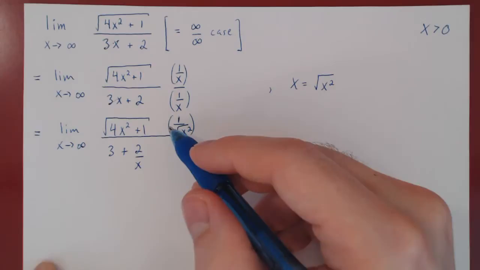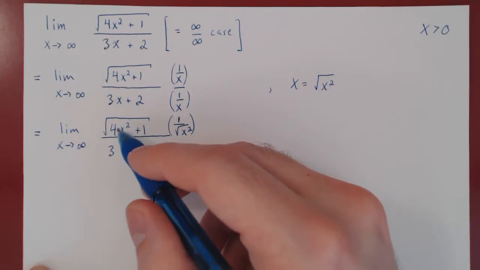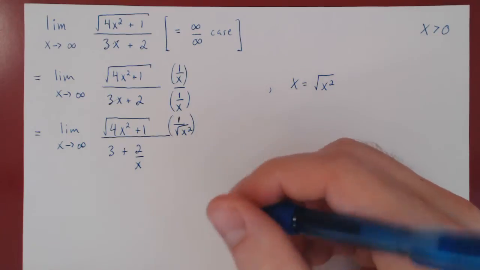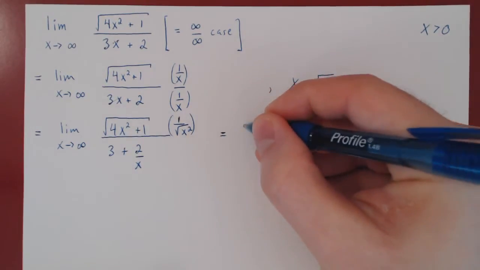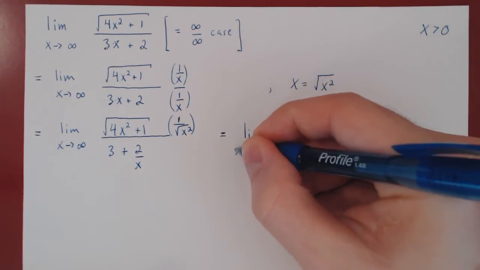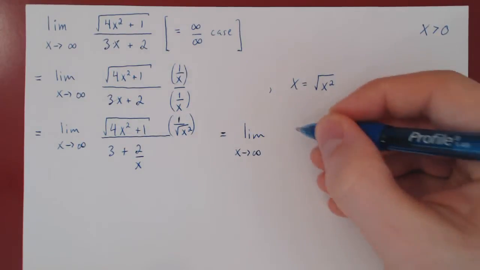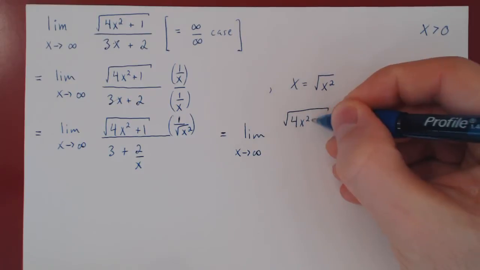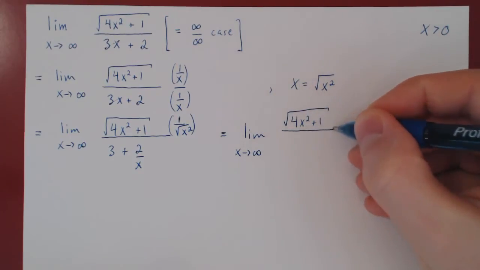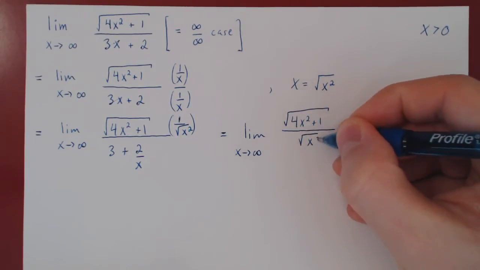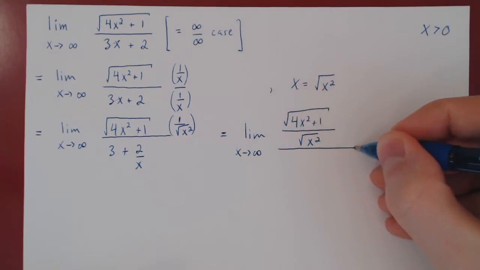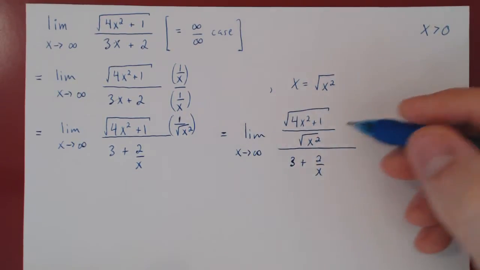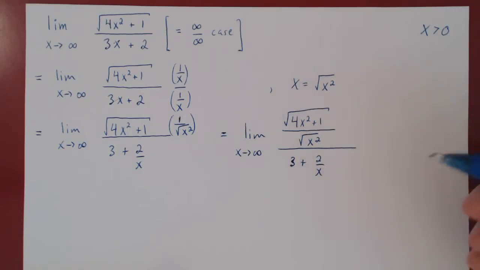Now think of what's going to happen. We're going to have on top the root of 4x squared plus 1 over root of x squared. This is our numerator, over 3 plus 2 over x. But remember properties of the square root.